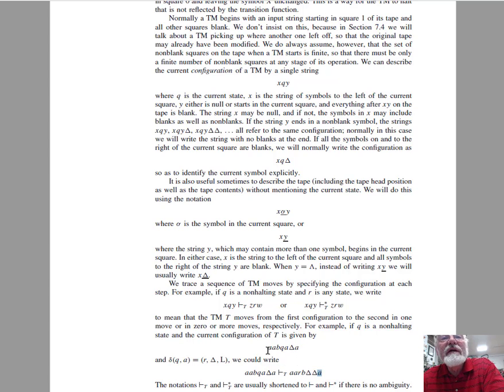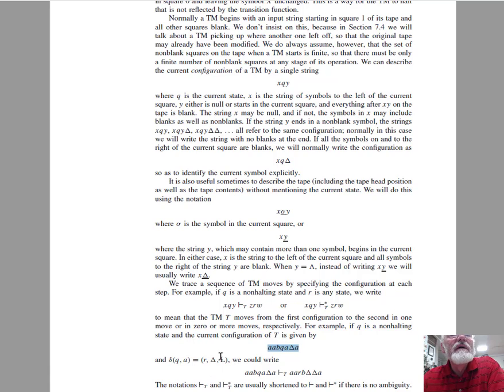So we're messing around with this string by changing pieces of it and moving anywhere we want to do the operations that we have, and we're using these configurations to describe how we can march through the tape and the states.